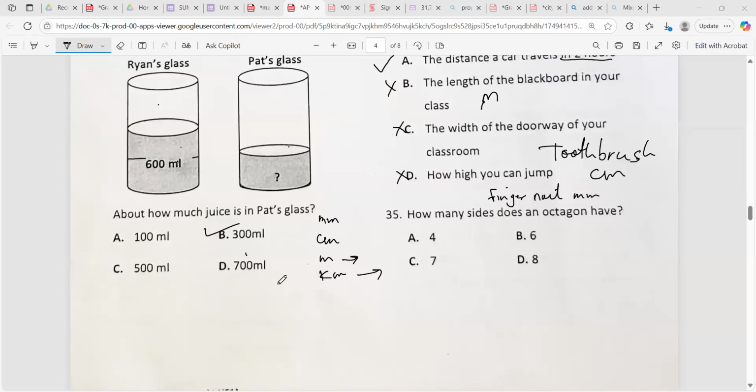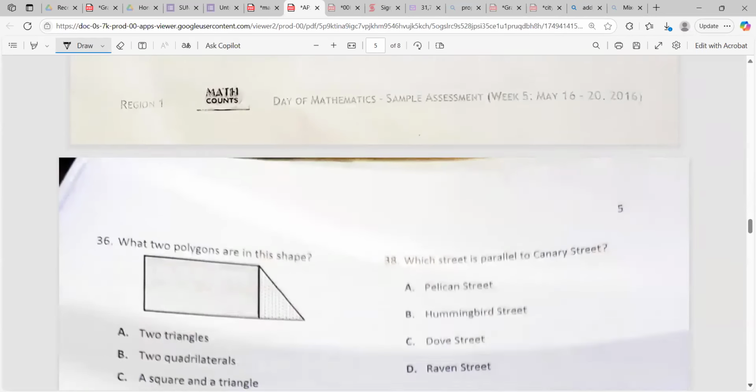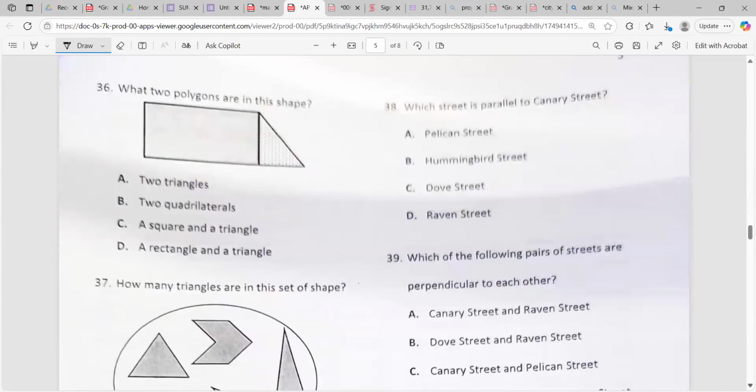Well, it could not be 4 sides because 4 sides is a square, and it could not be 7 sides because 7 sides is a hexagon, and it also could not be 6 sides because that is a hexagon, so it would have to be D, which is an octagon. All right, very good. I agree. Good job, guys. We did well on that one.